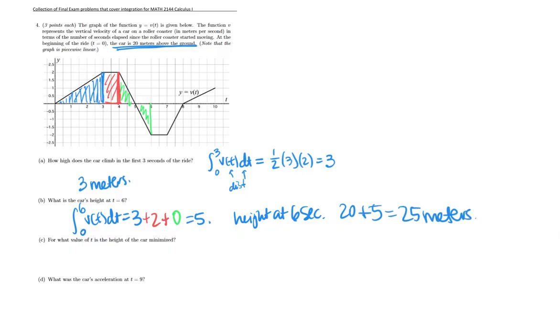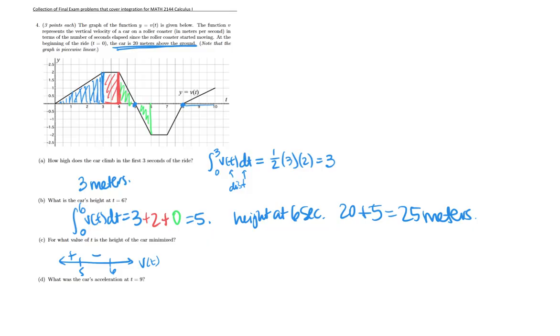For what value of t is the height of the car minimized? So if I think about my v using the first derivative test, the zeros of v are 5 and 6. And the car will be gaining height for the first 5 seconds. And then it will be losing height for the next 8 seconds.